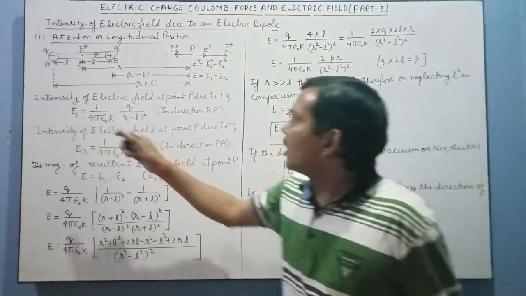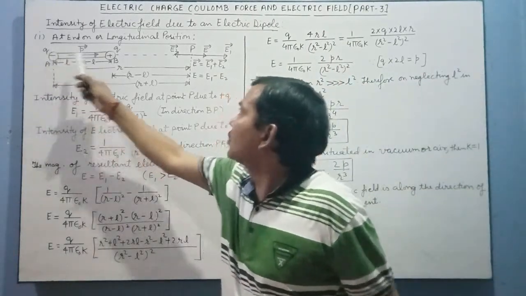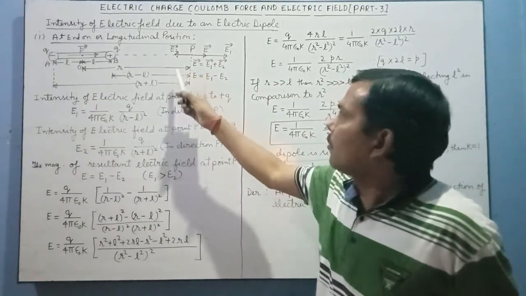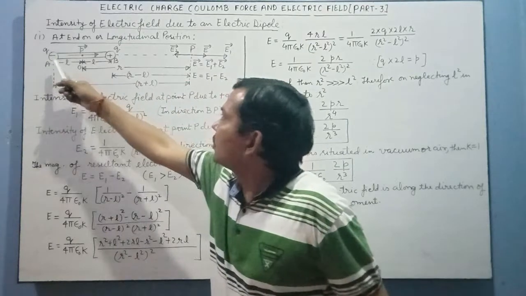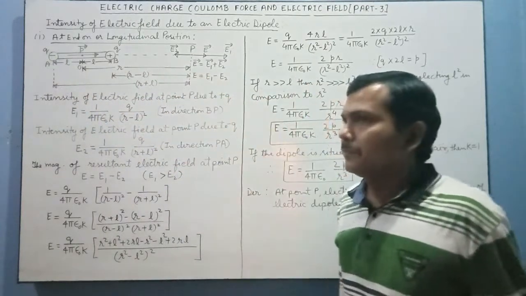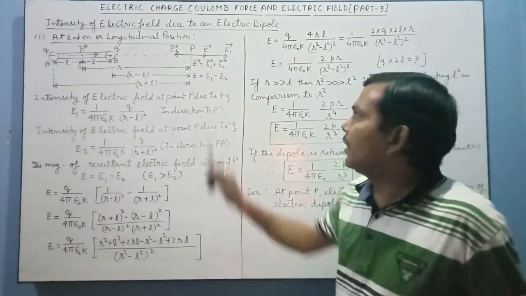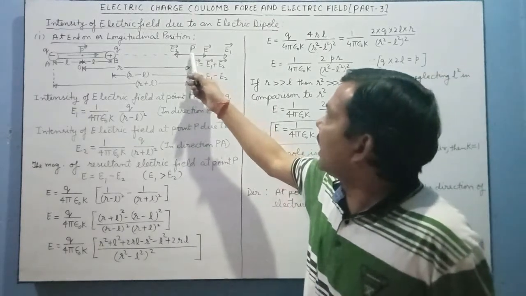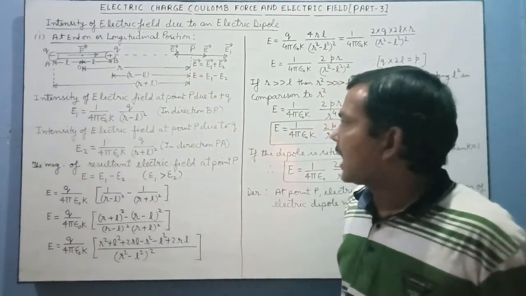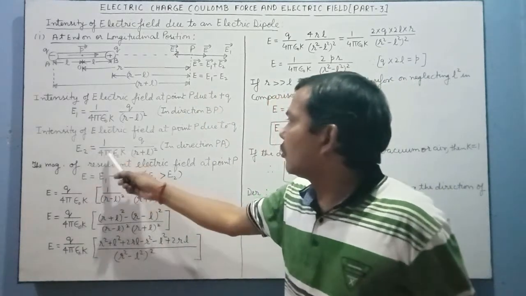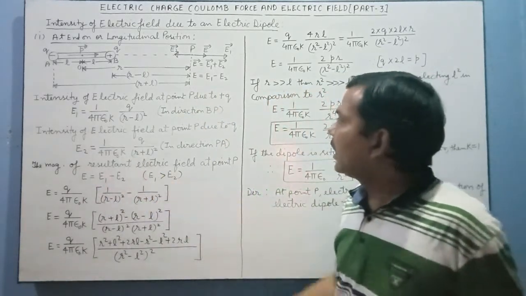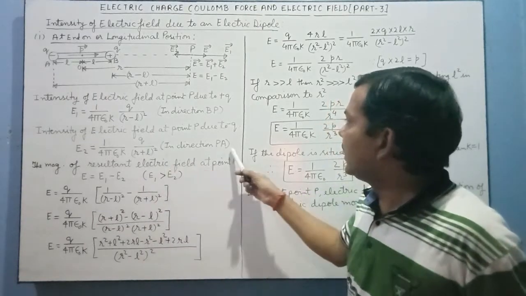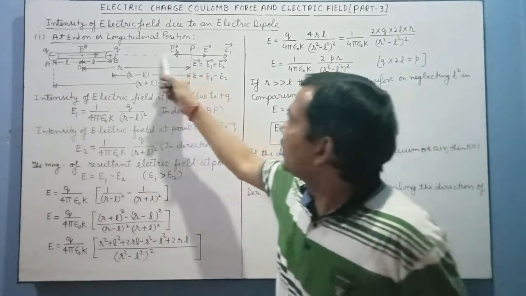Similarly, the electric field due to charge minus Q at point P will be E2, because minus Q will attract the test charge at point P. So the electric field at point P due to charge minus Q will be E2 is equal to 1 upon 4 pi epsilon 0 K, Q upon R plus L whole square, and this will be in the direction PA.